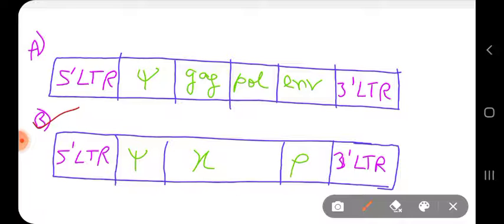To make the retrovirus a vector, we have removed two genes, GAG and POL. We have also removed the envelope gene. With the help of a helper virus, we will provide that function to this vector.